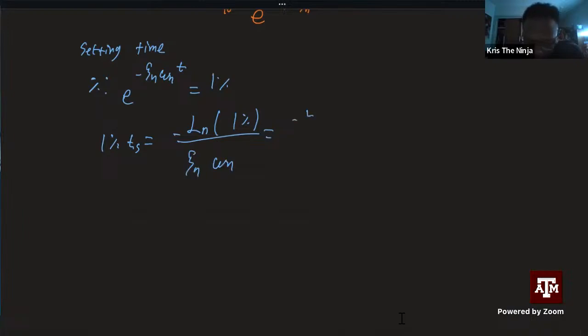Oh wait, hold on. No, it's just 4.6. Oopsies. 4.6 over zeta n omega n. Because when you do a natural log of a percentage or a fractional number, you get a negative number.